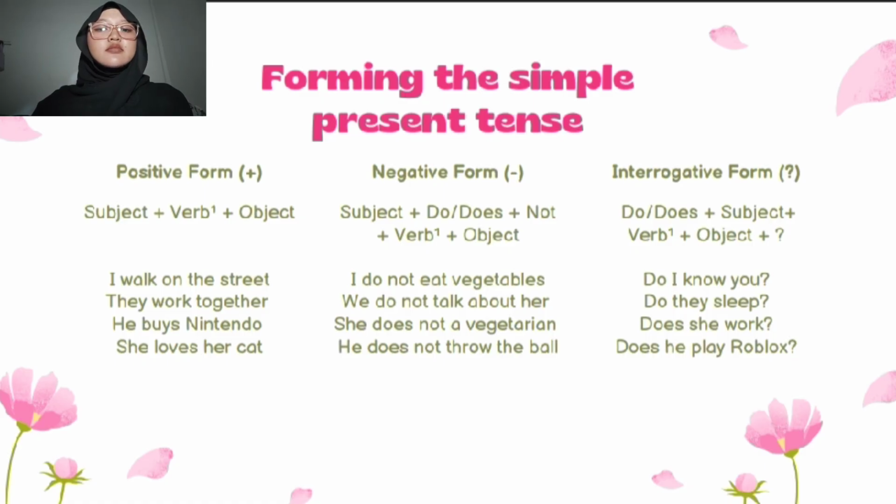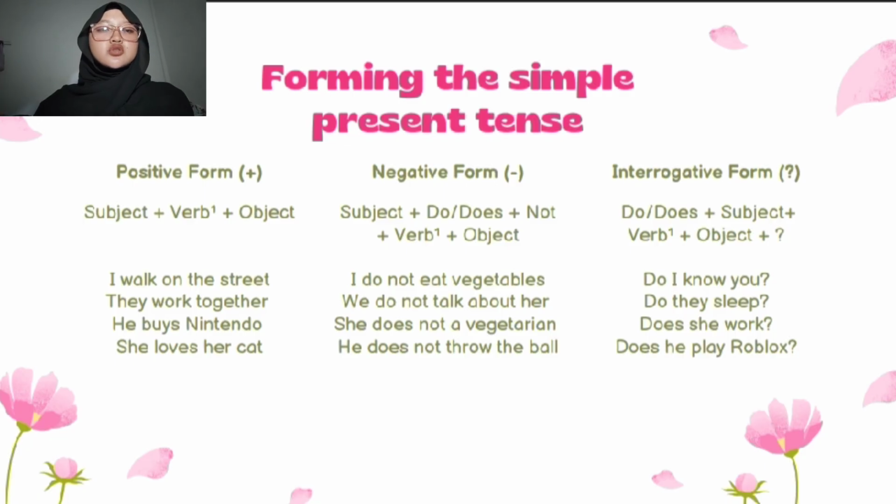Get it? Alright, we move to the interrogative form. It is when we want to ask someone. Okay, it is different from the positive and negative. Why? Because do and does come at the start of the sentence.